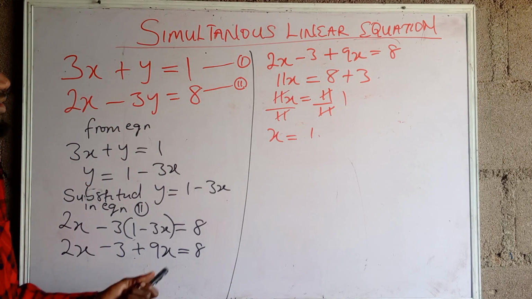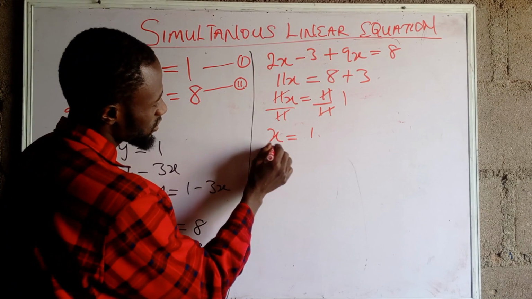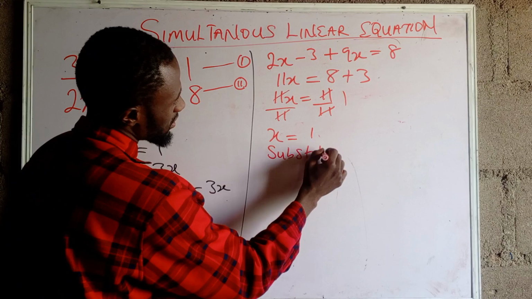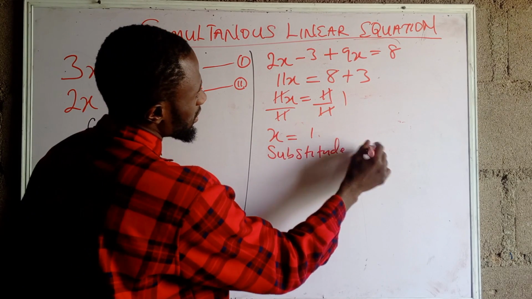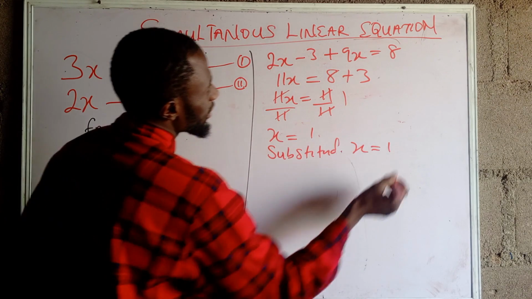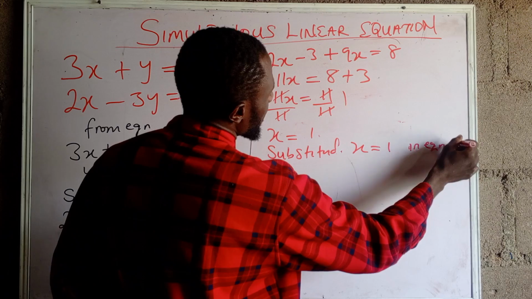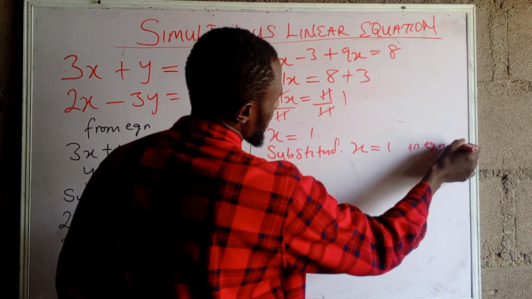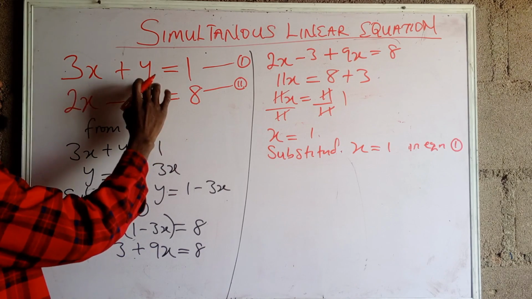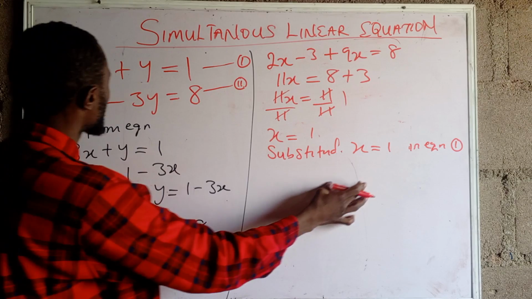Then in the next step, for us to find y, we are going to substitute x is equals to 1 in any equation. Let's take equation 1. This is our equation 1 here. Anywhere we see x, we are going to substitute with 1.